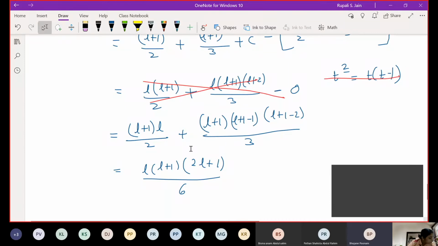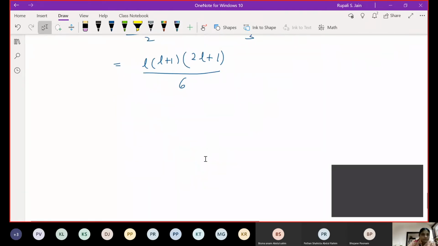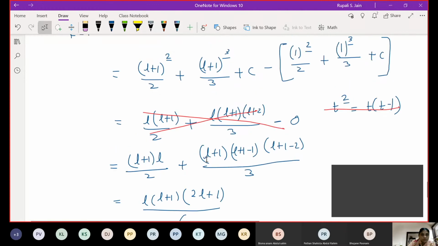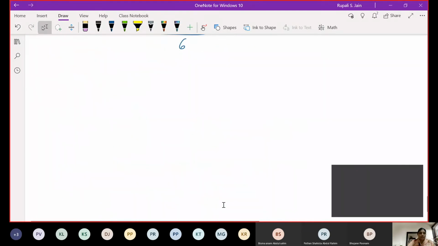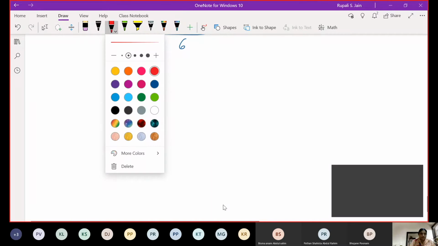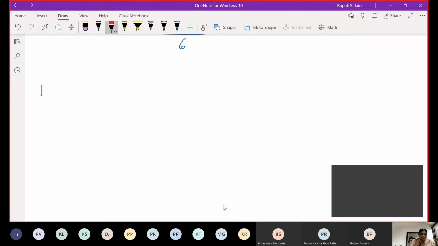So now we have computed the definite sum of k squared from 1 to L. Now we will go to the next theorem, Theorem 2.8.